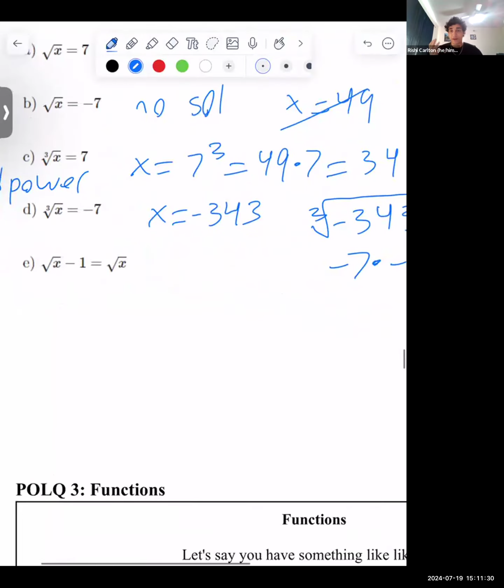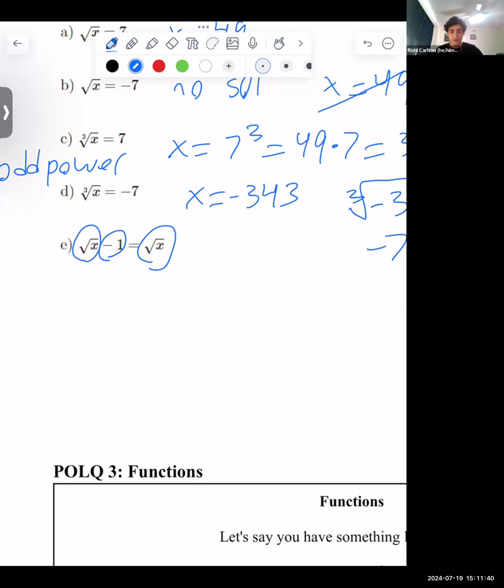So this one's kind of just a reality check, as I mentioned earlier. You have something, you subtract one from it, it cannot be equal to whatever you subtracted one from. Essentially, if you subtract rad x from both sides, you'll get -1 equals 0, which is not true. So there's no solution.